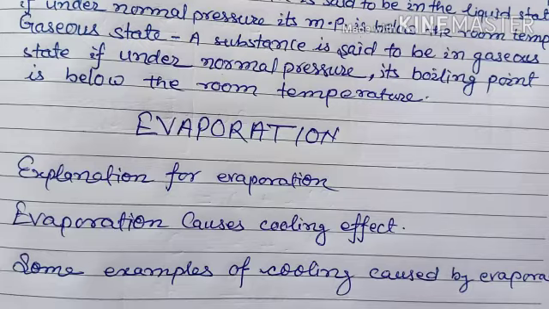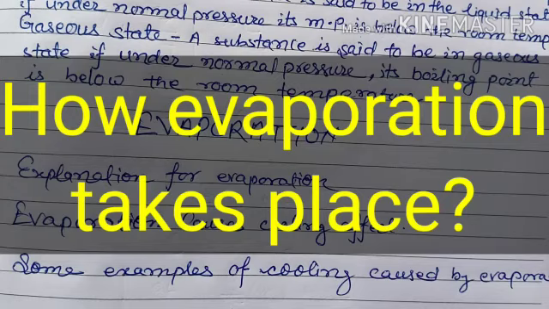And how evaporation takes place, we'll explain it now. We know that liquids are called fluids and their molecules remain in continuous motion along with some force of attraction. These particles collide with one another and exchange their energy.